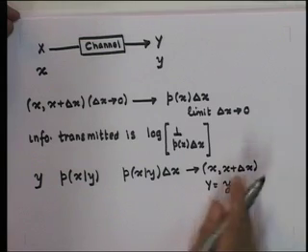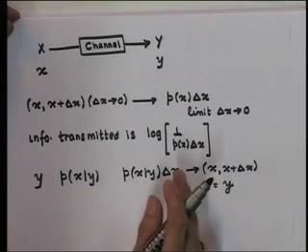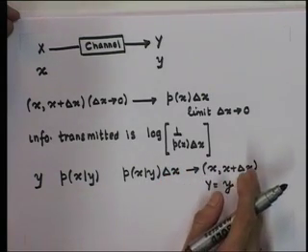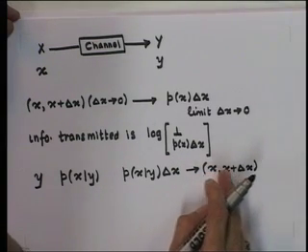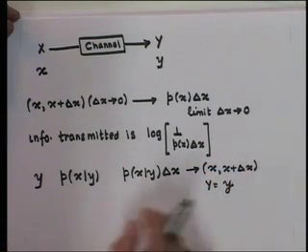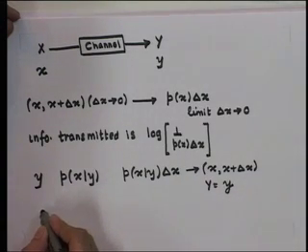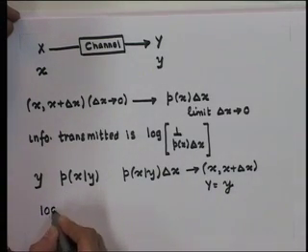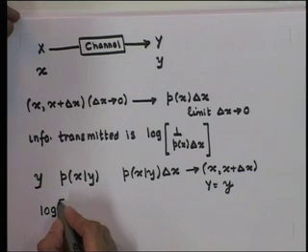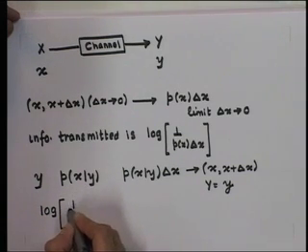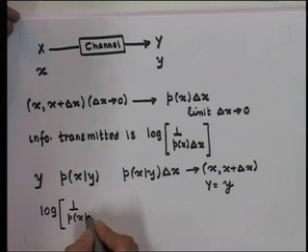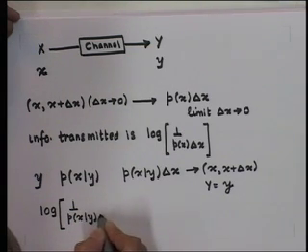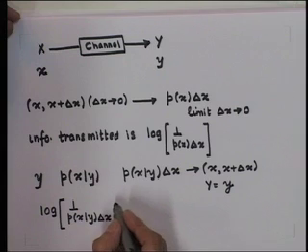Obviously, there is an uncertainty about the event that the random variable x lies in the interval x and x plus delta x. This uncertainty is given by log of 1 by probability of x given y multiplied by delta x.